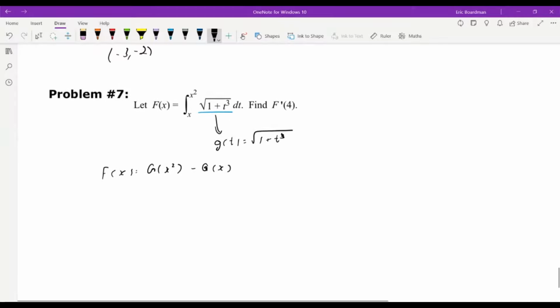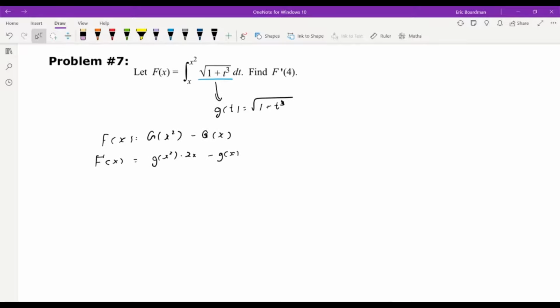Now, if we take the derivative of big F, we have F prime of x equals G prime, which is just small g, of x squared, times the derivative of the inside by the chain rule, which is 2x, minus the derivative of big G, which is small g, evaluated at x, times the derivative of x, which is just 1.